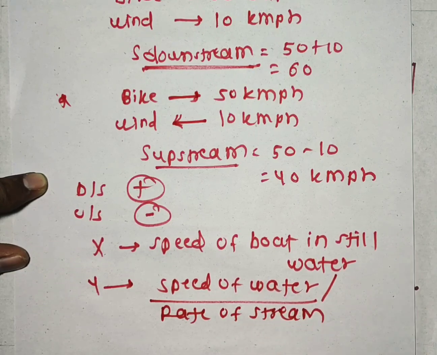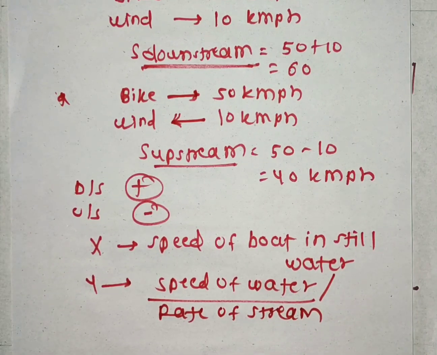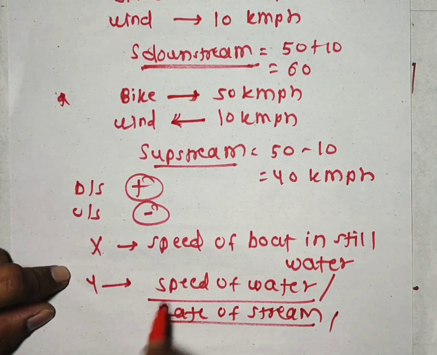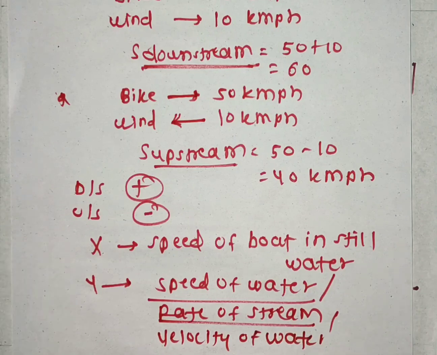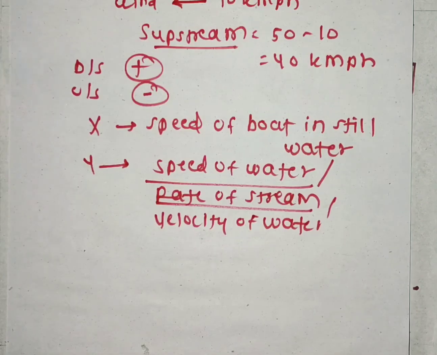In some questions they will ask you to calculate the speed of water, in some the rate of stream, or they can ask you to find the velocity of the water. These three terms are the same: speed of water, rate of stream, and velocity of water.